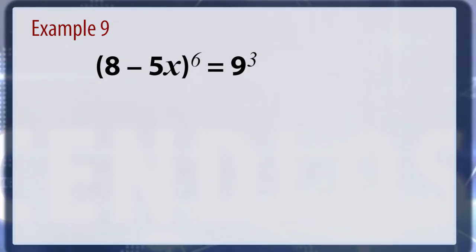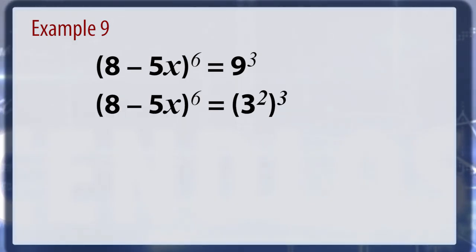So we are going to go to the right-hand side and rewrite that expression. We know that 9 is the same as 3 times 3. So we'll write our 9 as 3 squared, all raised to the power 3. But we'll leave our left-hand side alone.